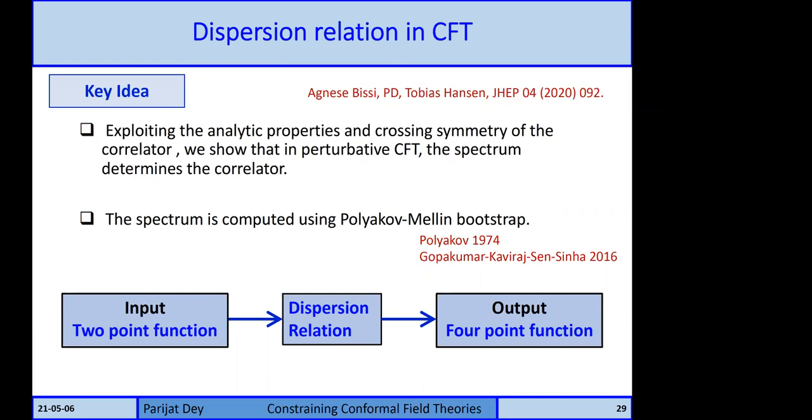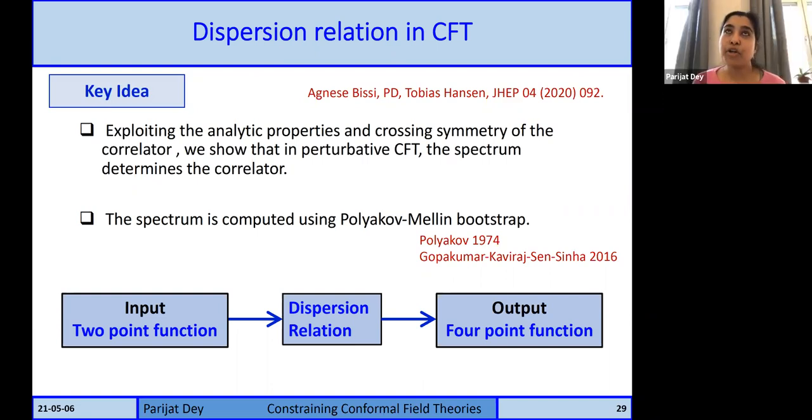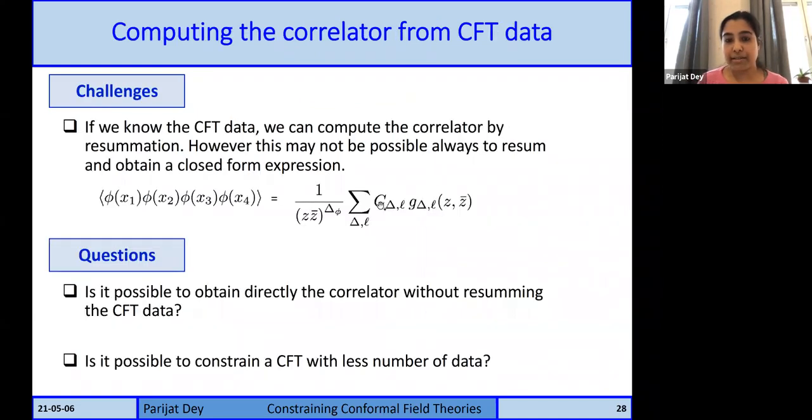Actually, if you want to compute the correlator, if you look at this expression, you see that you need both the C delta L's and the deltas. So this is the OPE coefficient and the spectrum. And what I am saying now is that if you have a perturbative CFT, then you can fix the correlator just by using the information of these deltas.